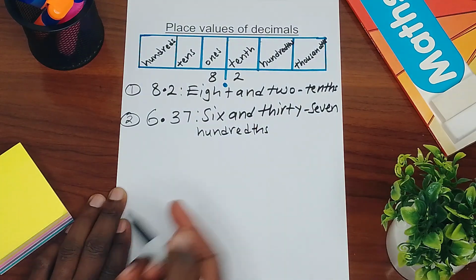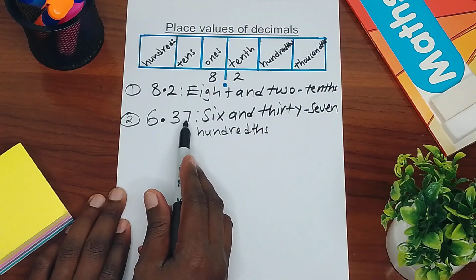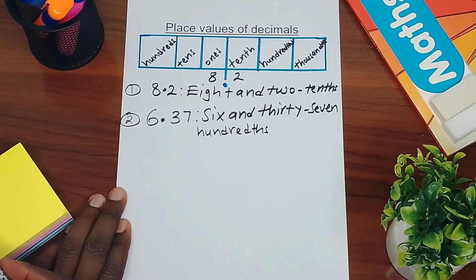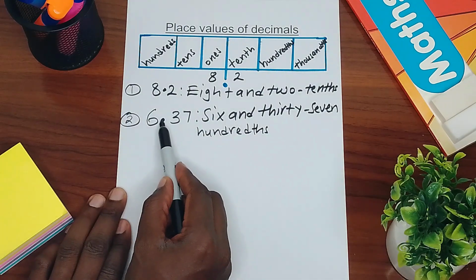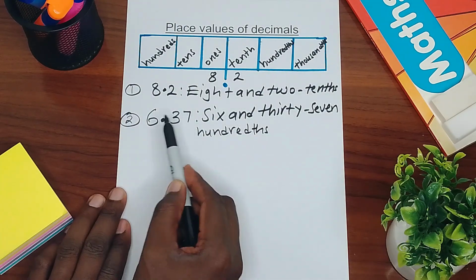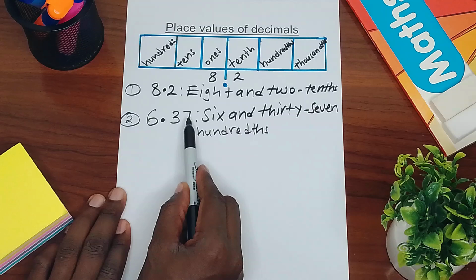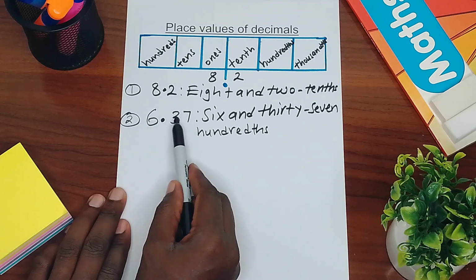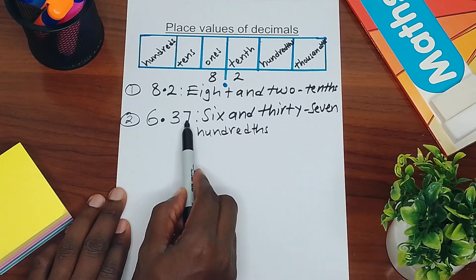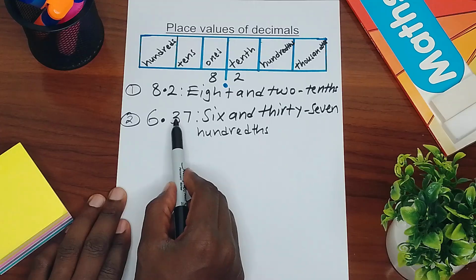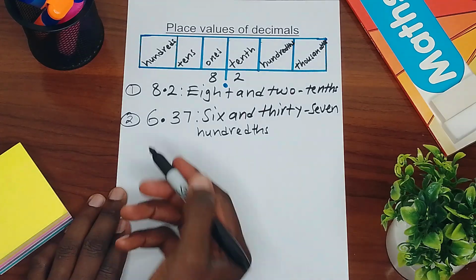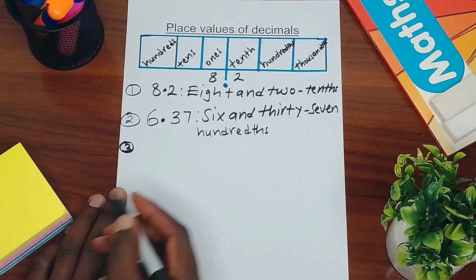So this is read as 6 and 37 hundredths. Just to know that after a decimal point, you go to tenths, hundredths. So this 3 is in tenths, this is in hundredths. So we combine it and say 37 hundredths. Let's look at the next one.